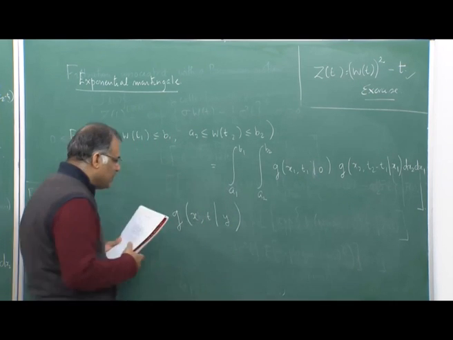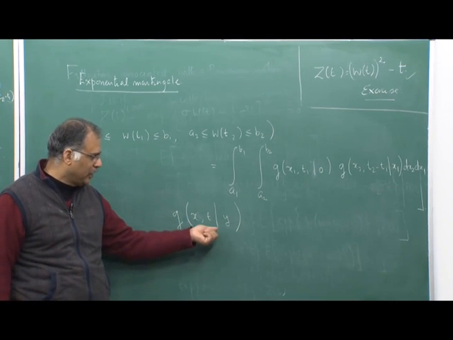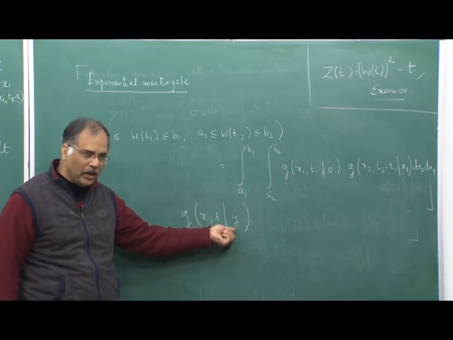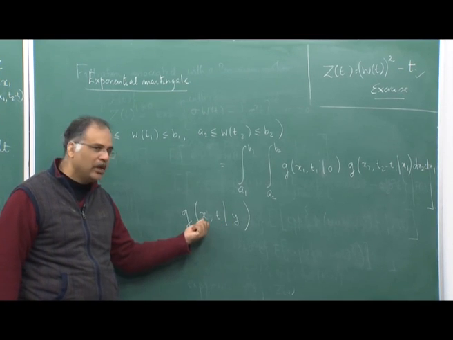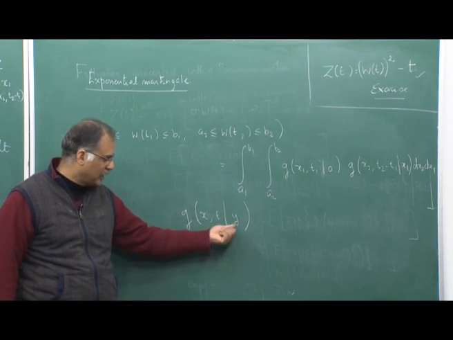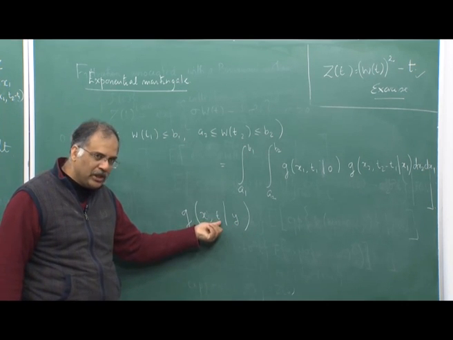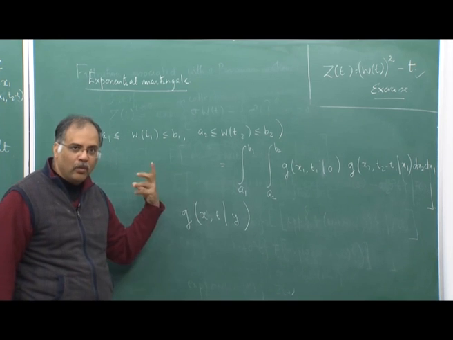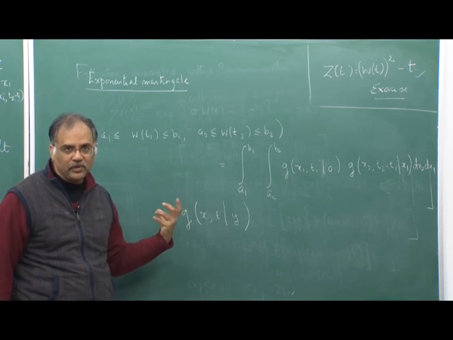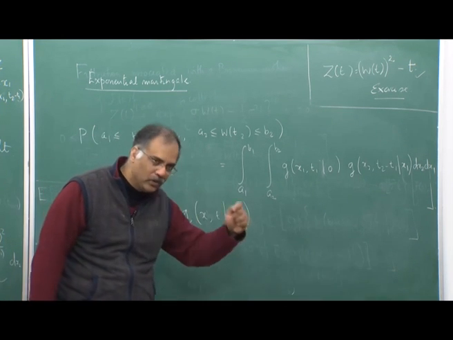So what is the density function associated with the fact my current state at time 0 is y, and then in time t I will move to the state x? What is the density function associated with that particular transition?